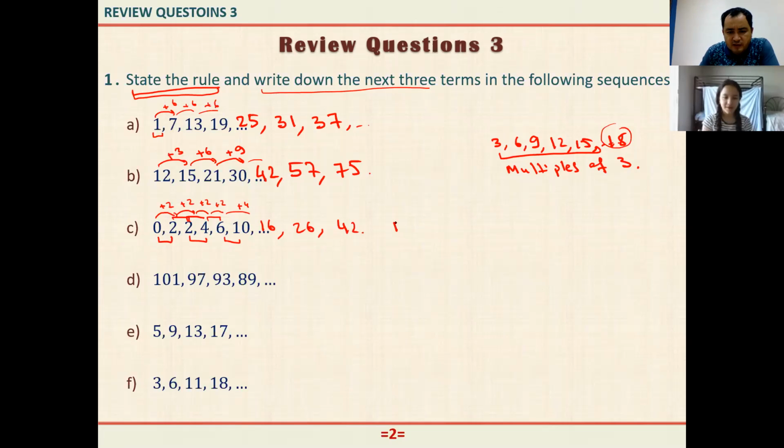So what is the rule here now? Can you state the rule for this pattern, for this number sequence? Add like the last number or something. Yes, start with 0 and 2 because you should have these two numbers, right? Start with 0 and 2 and add preceding 2 terms to get the next term, right?